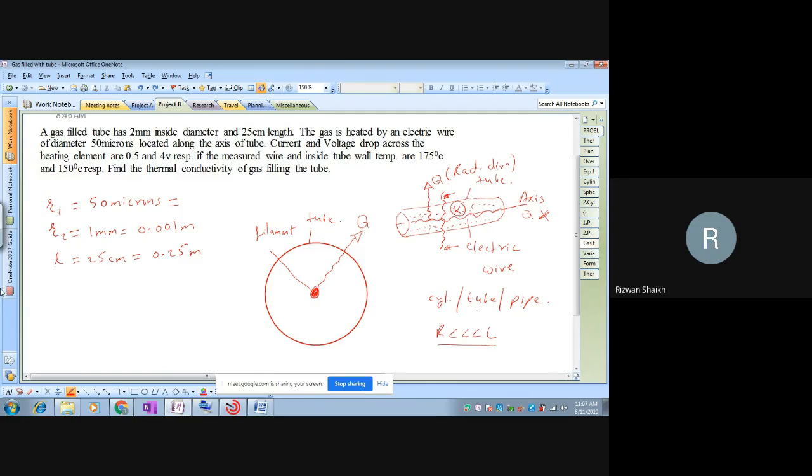50 microns means what? 1 micron is equal to 10 raised to minus 6 meter. So I can convert this. It is the diameter that is given as 50, so we can take the radius to be 25.